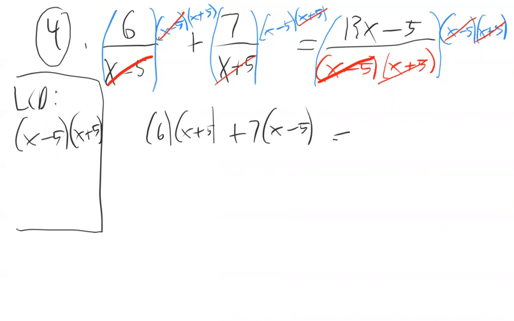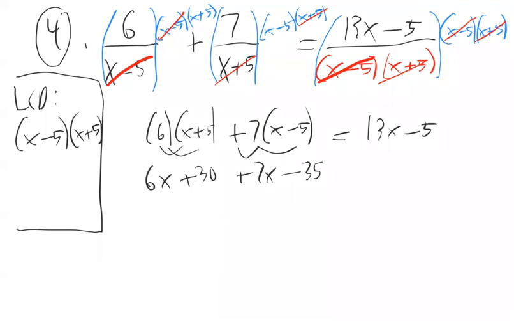Now the 13x minus 5 is times nothing, because everything that was multiplied by it has been canceled out, because there were 2 things in the bottom that canceled out both of the things that were multiplied by it. So now I start simplifying. 6 times x is 6x, 6 times 5 is 30. 7 times x is 7x, 7 times negative 5 is negative 35, equals 13x minus 5.